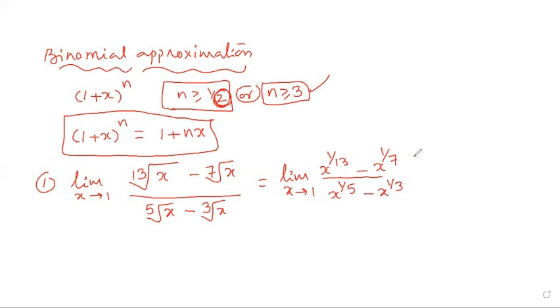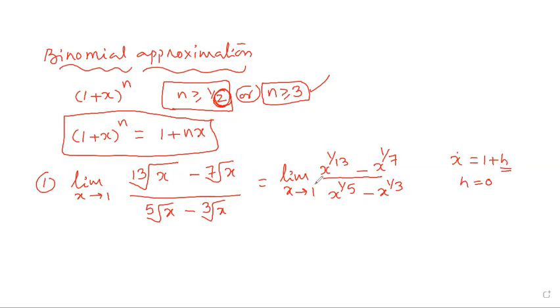Next point: x tends to 1 means 1 plus h. What is the h value? Since x is equal to 1, h is equal to 0.